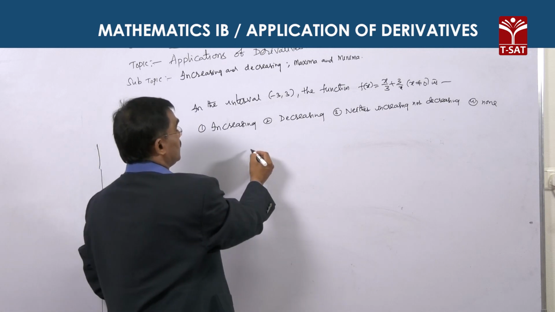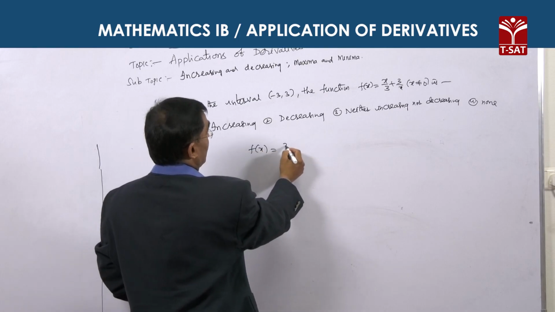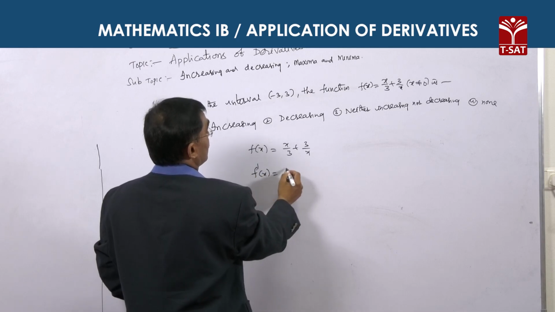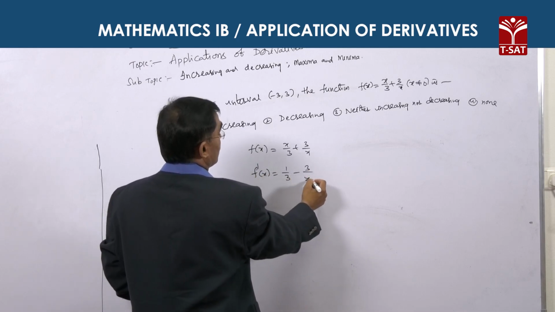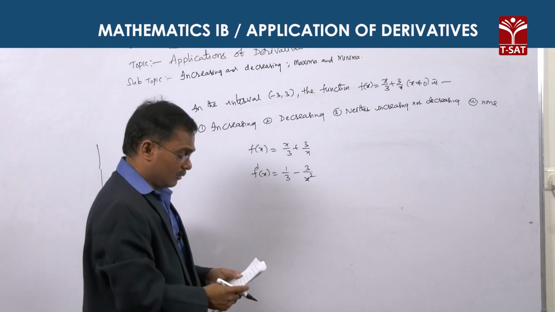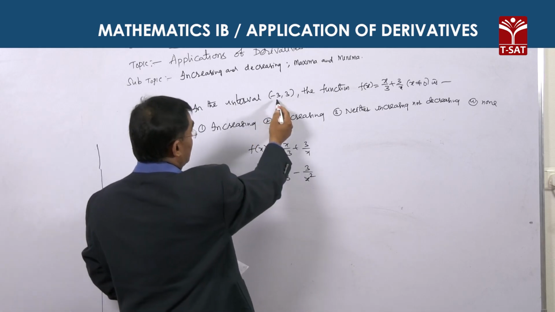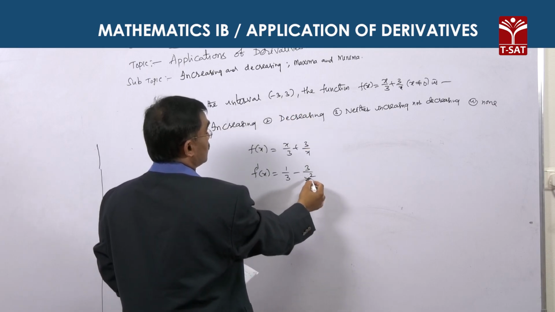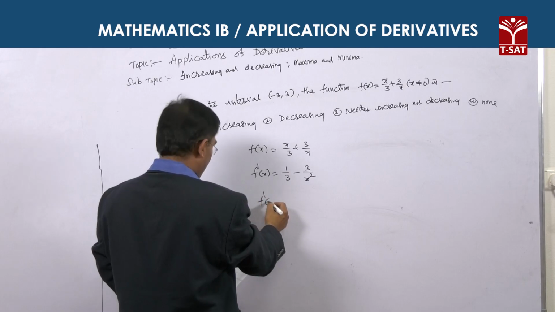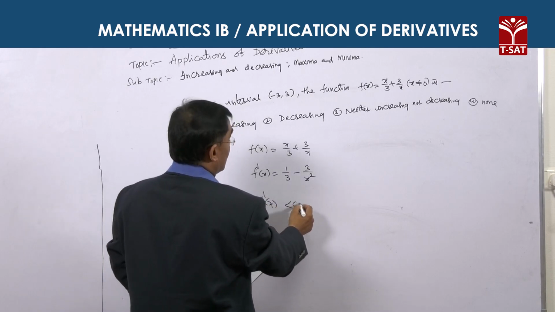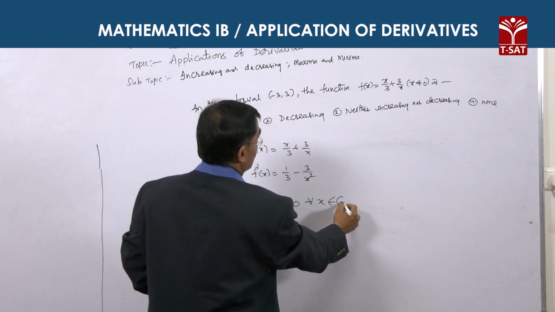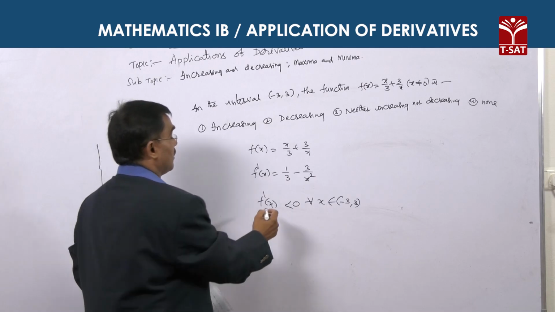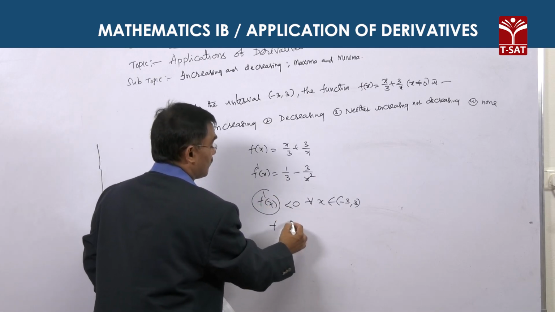The given function is f(x) = x/3 + 3/x. f'(x) = 1/3 - 3/x².